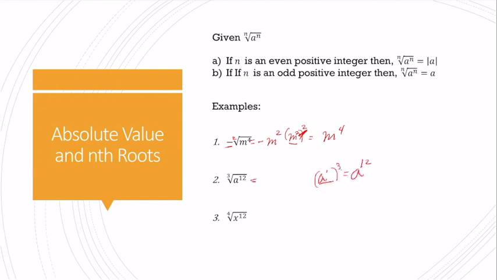Let's take a look here. If I have x to the 12th, I'm wondering, what do I multiply by itself 4 times to get x to the 12th? 4 times what gives me 12? 3. So my answer here is x cubed. 12 divided by 4 is 3.